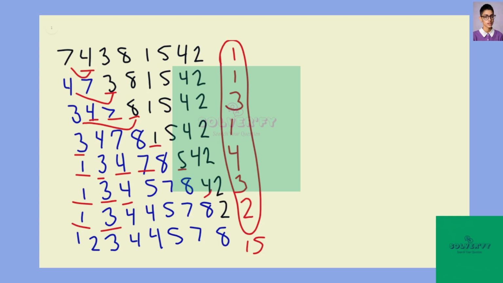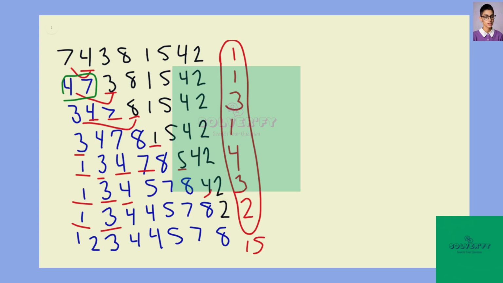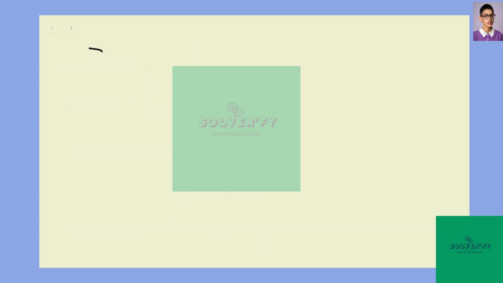So then we'll do the same thing here for the binary insertion sort. And the difference is that we're going to be using the binary search algorithm in the sorted portions of our list. So perhaps a new page is a good idea. So we'll start with our list of 7, 4, 3, 8, 1, 5, 4, and 2.